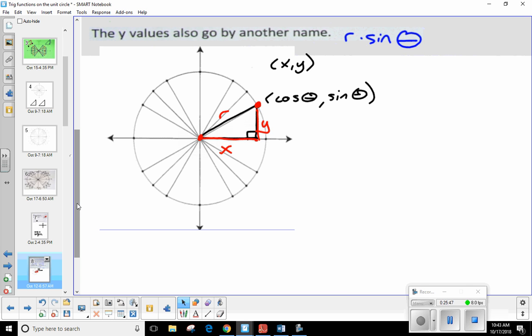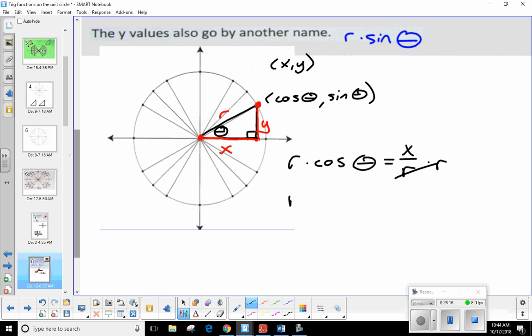Let's say that reference angle theta right there, I take the cosine of it. Cosine of theta, well, what's the ratio we've been using for cosine now? It's no longer adjacent over hypotenuse. It's x over r. Now let's say I wanted to solve this for x. I'm going to multiply both sides by r, very similar to how we've solved problems in the past.